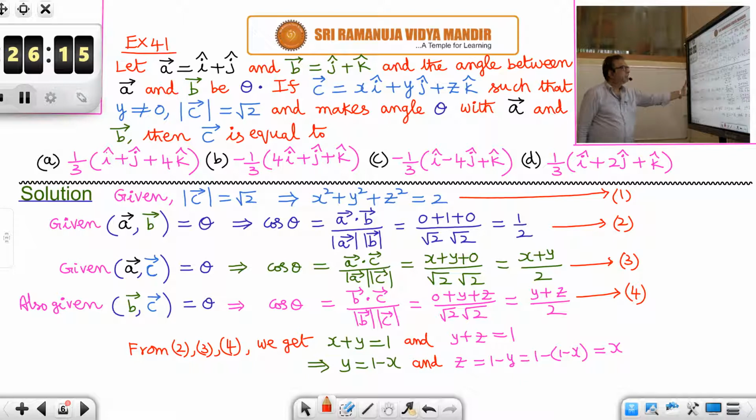Let a bar is equal to i plus j, b bar is equal to j plus k, and the angle between a bar and b bar be theta.